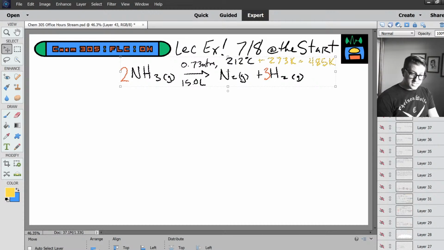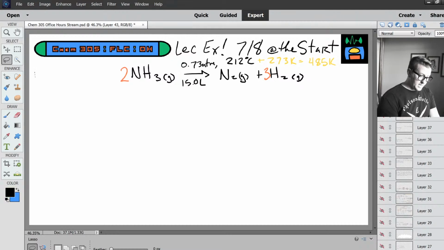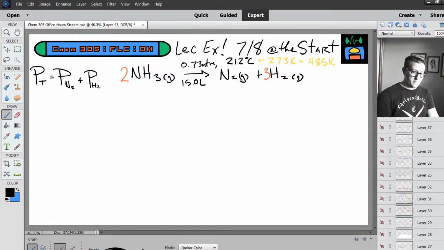So this is a great example of a Dalton's law of partial pressures problem. We're asked to find the total pressure, which is equal to the pressure of N2 plus the pressure of H2. All right.